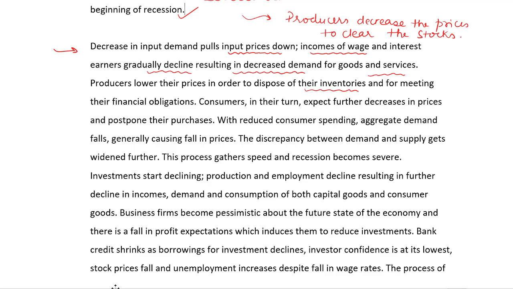So producers lower their prices in order to dispose of their inventories and to meet their financial obligations. Consumers in turn expect a further decrease in prices and postpone their purchases. They feel that the price level in the market will fall more.